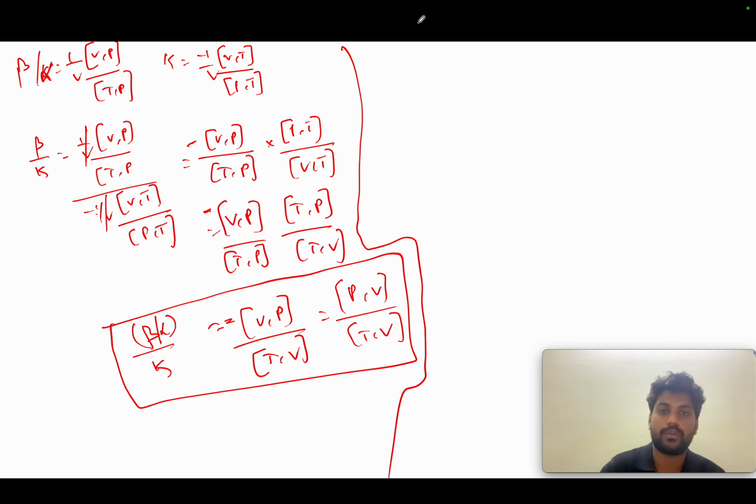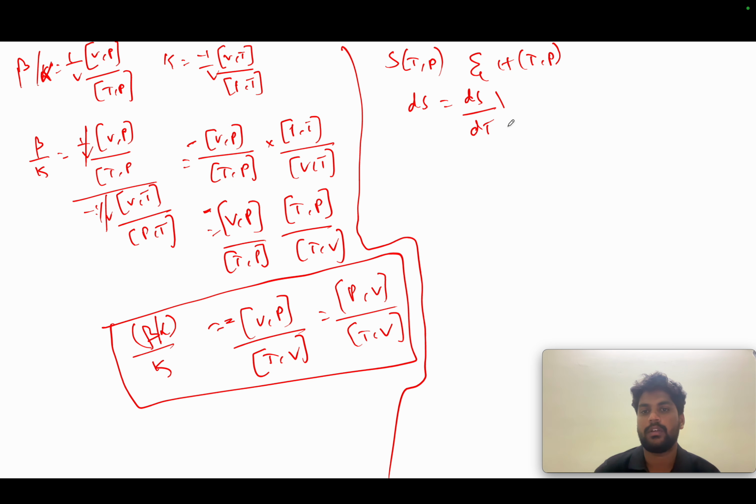No, sir. So now we can go, in the same way initially we have done, as I said, how to calculate s of (t, p) and h of (t, p). So this I will write it as ds. I will do it, it will be easy only.